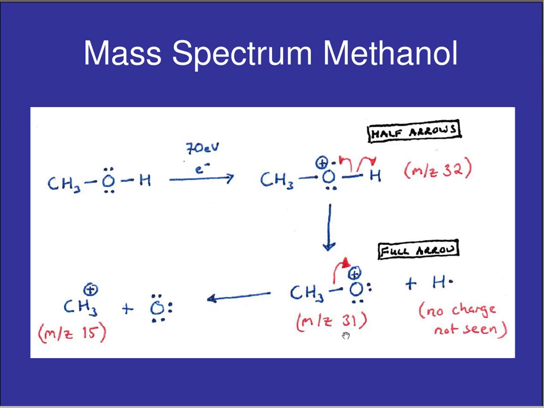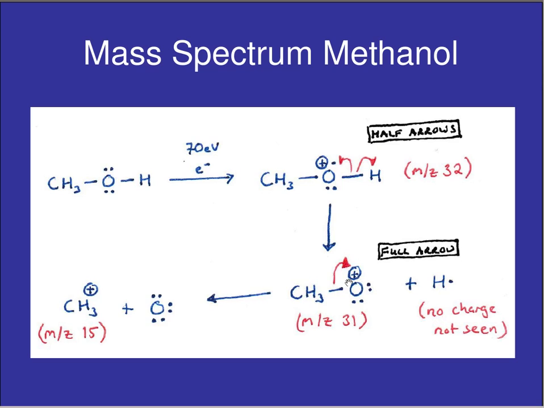Now the way that this can fragment, because we don't have radicals, we've no need at this point for using half arrows. One way that this can fragment is where this full electron pair goes and neutralizes, it goes to the positive charge.